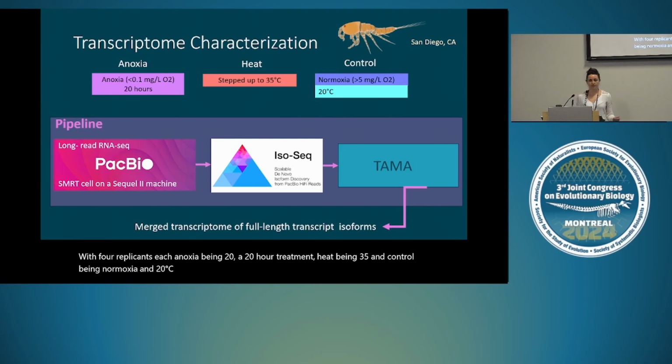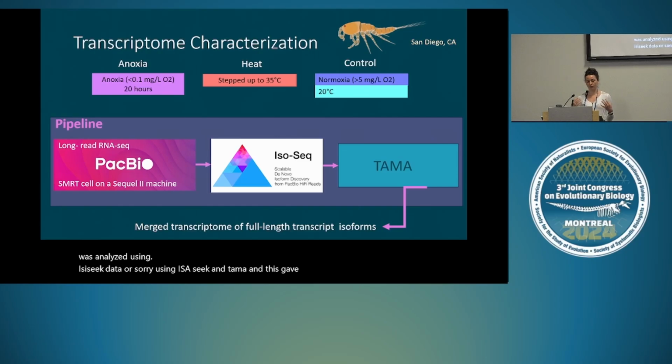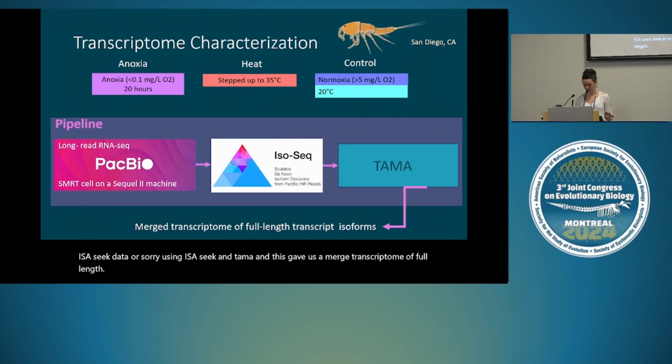And the most quality replicate for each of these treatments was then prepared on a long-read in-depth RNA-seq PacBio platform. And that was analyzed using isoseq and TAMA. And this gave us a merged transcriptome of full-length transcript isoforms.